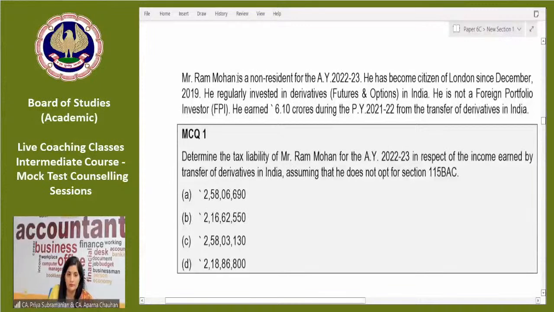Mr. Ram Mohan is a non-resident for the assessment year 22-23. He has become a citizen of London since December 2019. He regularly invested in derivatives in India, and he is not a foreign portfolio investor. He earned 6.10 crores during the previous year 21-22 from the transfer of derivatives in India.